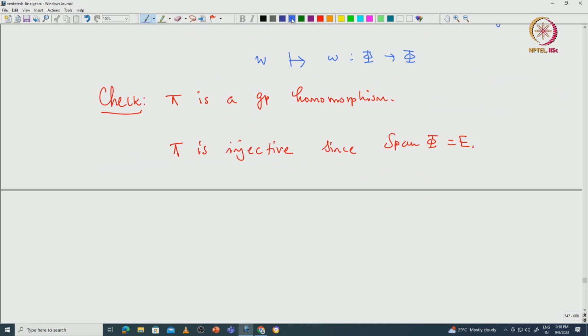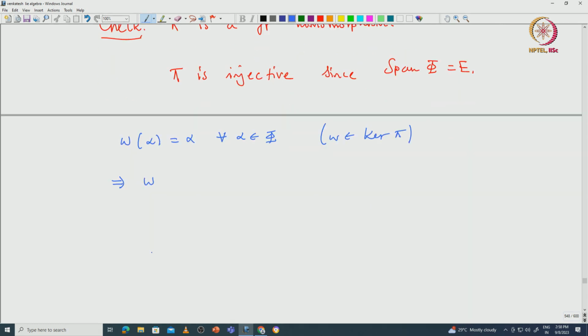This is easy to prove. Suppose w fixes all alpha for all alpha in phi. That means w is in the kernel of pi. Then that implies w actually fixes all of the span of phi. So, wx will be x for all x inside the span of phi, but the span of phi is E. So, that implies w is actually the identity on E. So, that forces pi to be injective.